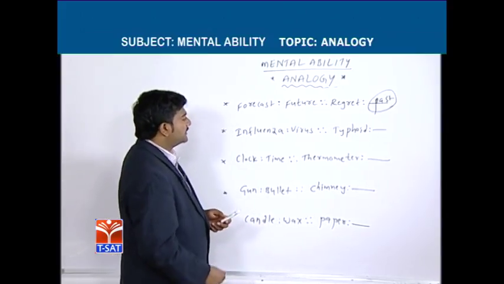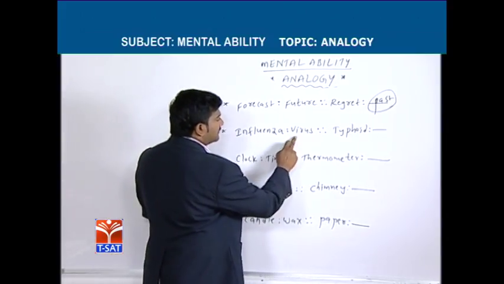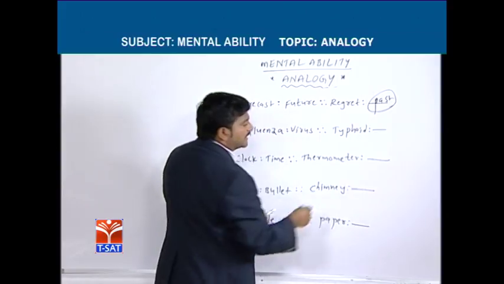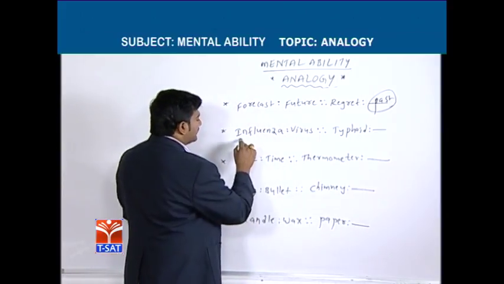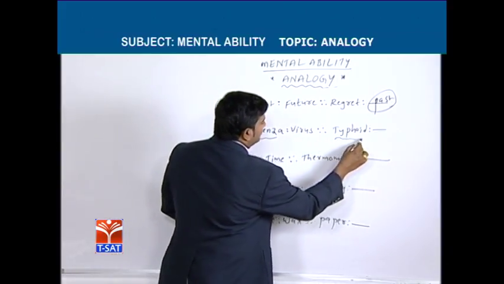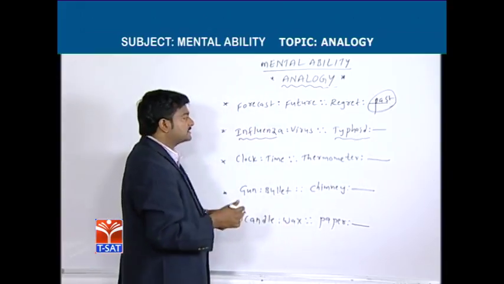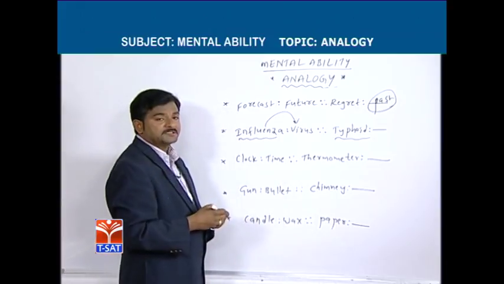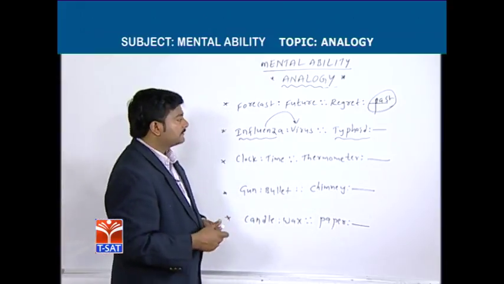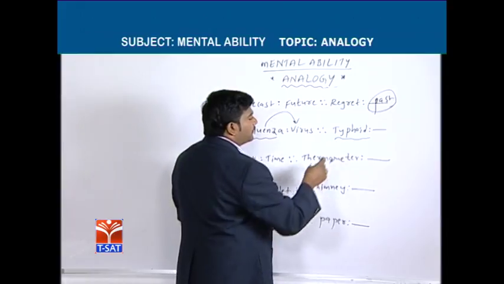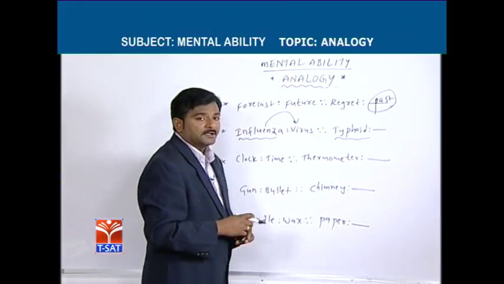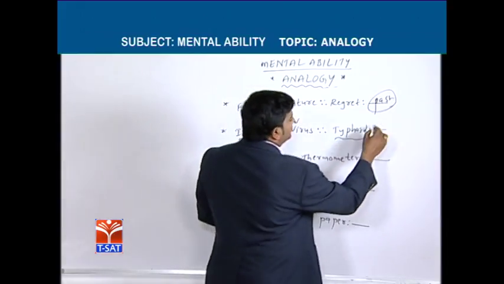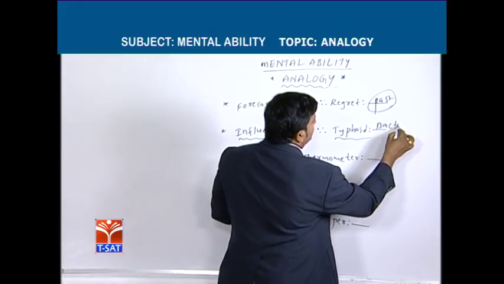Now observe here: influenza, virus; typhoid is dash. This is clear. Influenza is a disease, typhoid is also a disease. The disease is caused by a virus. Influenza is caused by a virus; similarly typhoid is caused by bacteria.